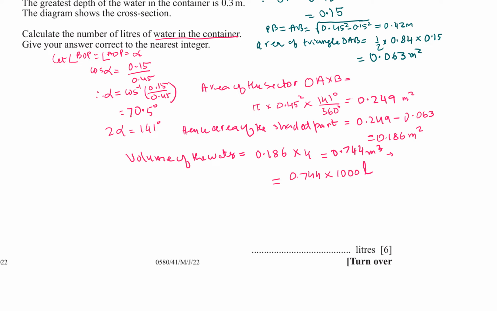How silly of me. To convert, I could do 0.744 times 100 times 100 times 100 in centimeter cube, and convert it back to liters by dividing by 1000. So that's the working, but what it would come to is 0.744 multiplied by 1000.